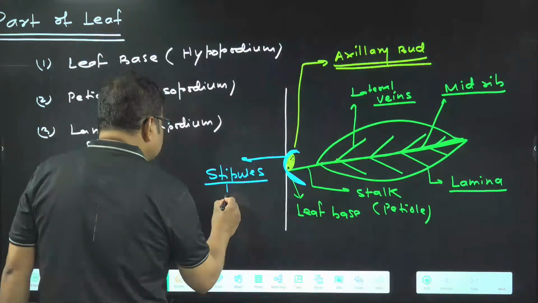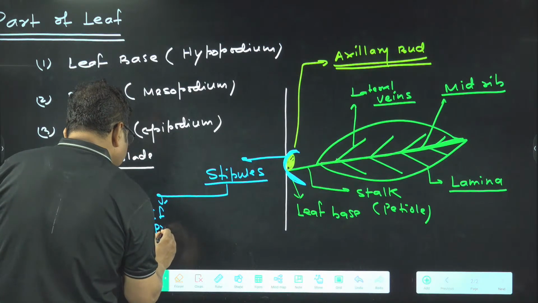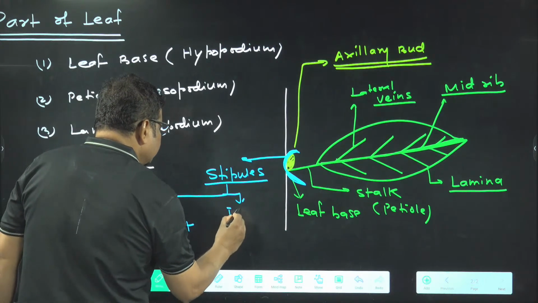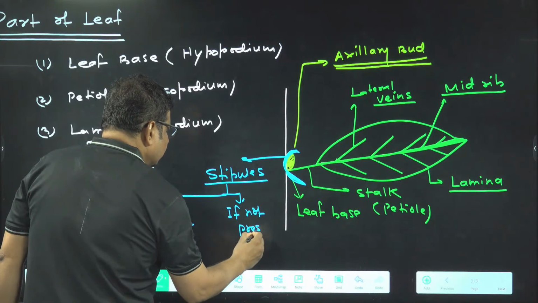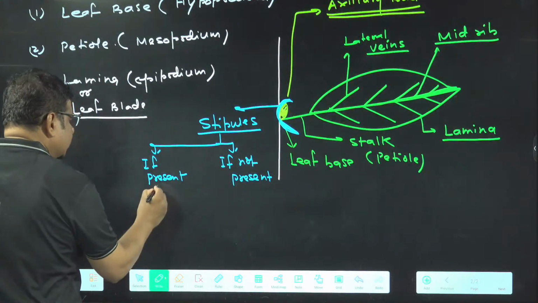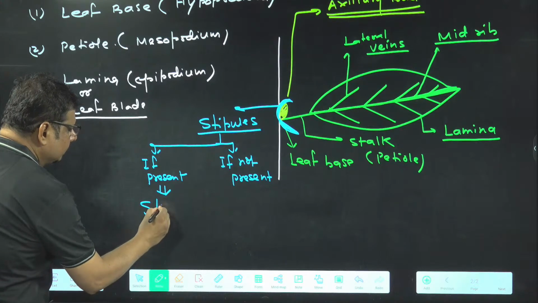So stipules, if present, or another condition is if not present. When these stipules are present, the leaf is called which kind of leaf? Tell me. Stipulated leaf.